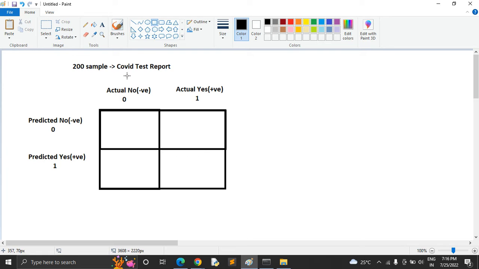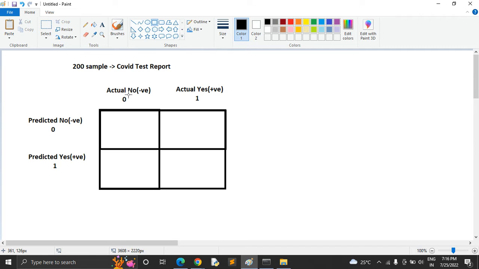Okay. Now let's first talk about the actual no. That means in reality, these people do not have COVID. Again, I repeat, let us talk about the first column, the actual no or actual negative. That means in reality, these people do not have COVID. They are COVID negative.